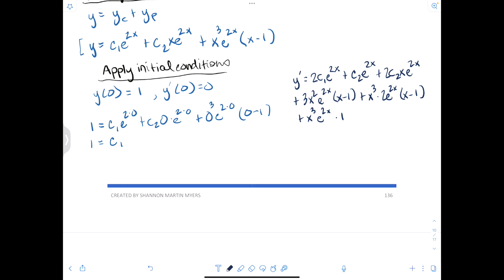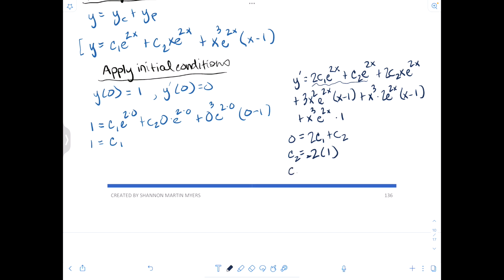And we know that y prime at 0 is 0, so if I put in 0 for y prime, do you see that all of the terms except for the first two will zero out when x is 0? So I'll end up with 2 times c1 plus c2, and that's equal to 0. And so c2 is negative 2 times 1, sorry.